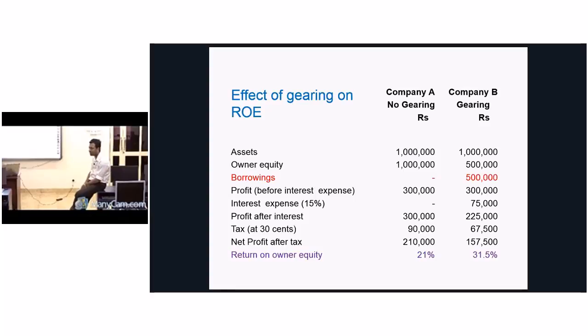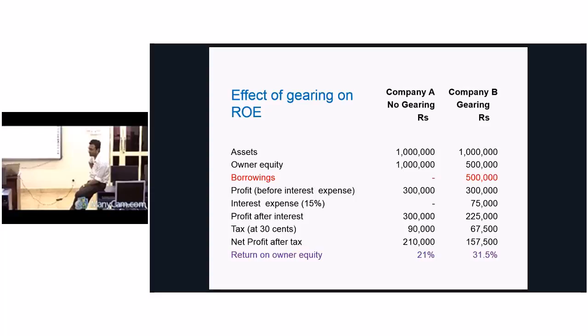Got it? Then if you look at profitability, both the companies are earning. Now this is a kind of hypothetical example to show you the scenario. Both the companies have profit before interest and tax of 300,000. Then in the first scenario you don't have interest expense, right? No debt.